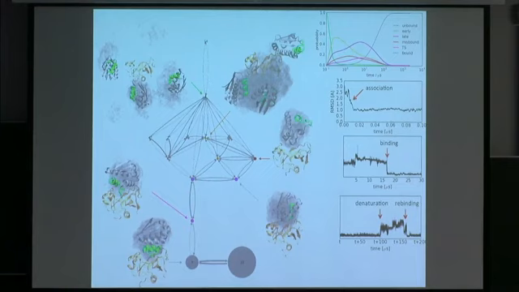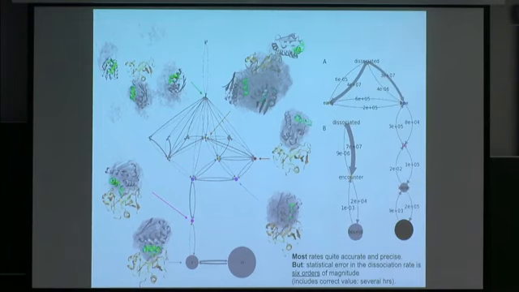We can decide to aggregate states here that exchange quickly enough so that at a long time scale we don't care. Depending on what time scale we're talking about, we can coarse grain this either to a 6-state model or to a 3-state model where we basically just distinguish the dissociated state and the encounter complex, which is all of this here, and the bound state, which aggregates these two states.